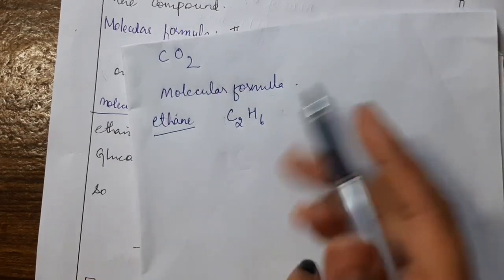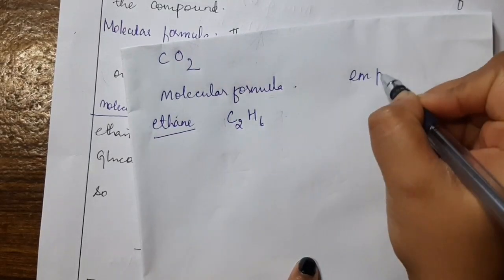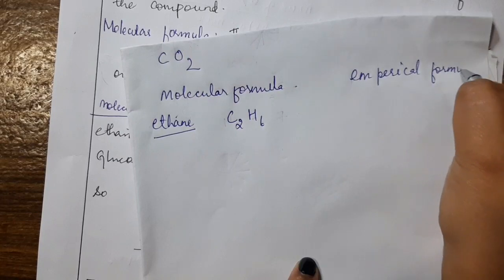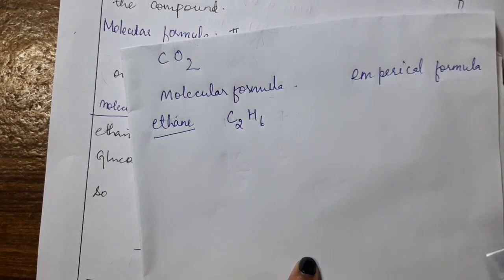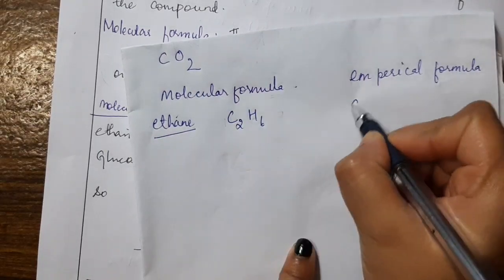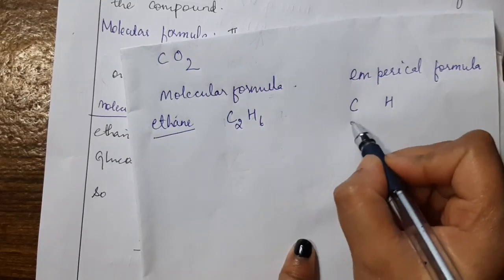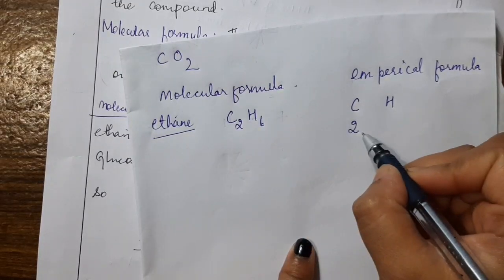Now if you want to find out the empirical formula of this, we find out the simplest whole number ratio of the atoms, here carbon and hydrogen. In the molecular formula, how much is carbon? 2. 2 carbons are there.